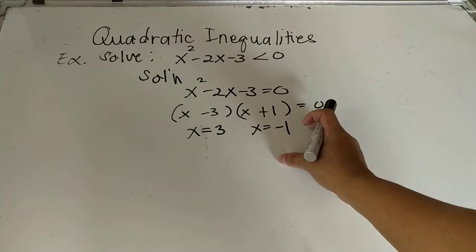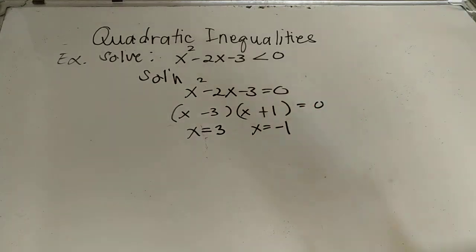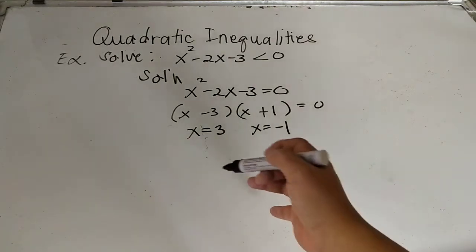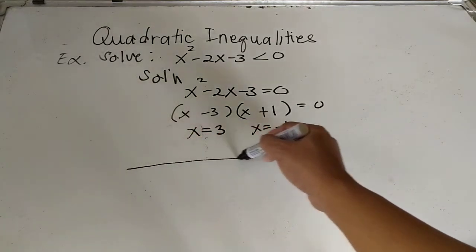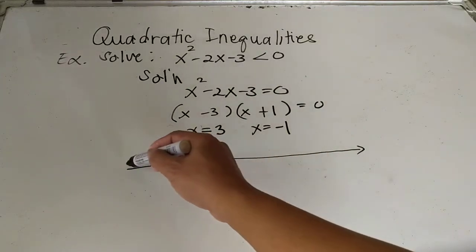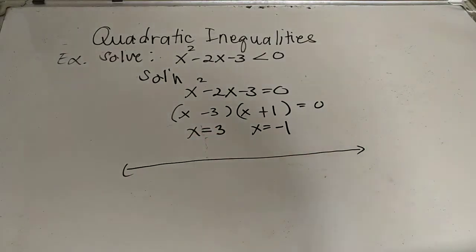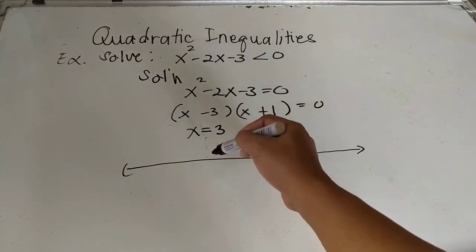Dito tayo magsisimula ng testing values natin. Ito yung magiging, kumbaga, marker, yung marking point natin para makuha yung mga test values. Okay? Okay, ano yung tinutukoy kong test values? Kapag ito ginaraph natin, in a number line, so you have there negative 1.